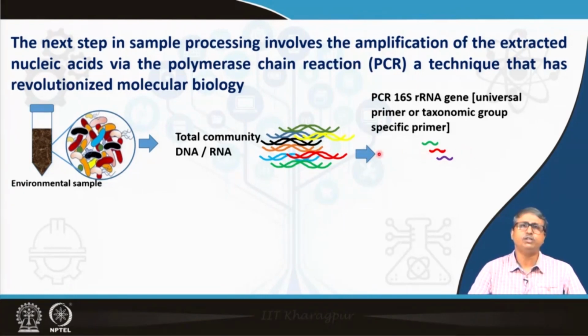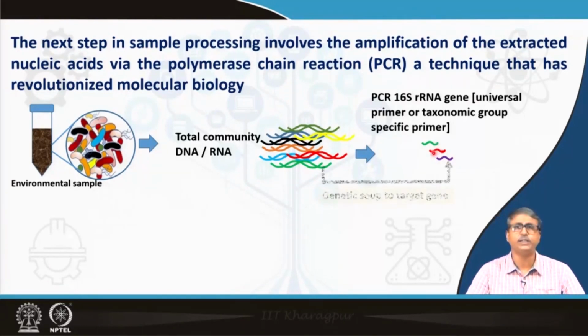But if we use a set of universal PCR primers which can bind to any 16S ribosomal RNA gene, they can bind to any. If you have, let us say, 4,000 or 5,000 species, then ideally 4,000 to 5,000 different 16S RNA gene products are going to be there.